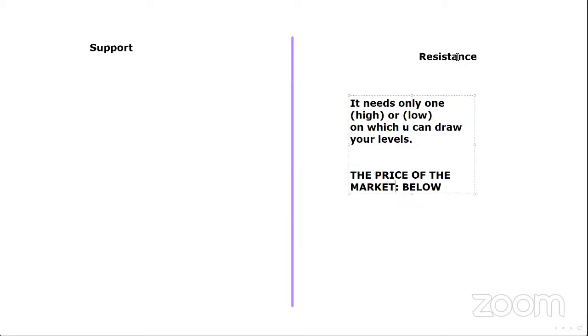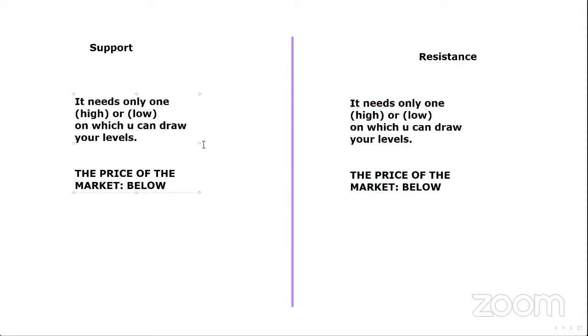In this case, I would call it resistance. Okay. A support level, on the other hand, needs only one high or low on which you can draw your levels. The price of the market is above. You know what I'm saying?